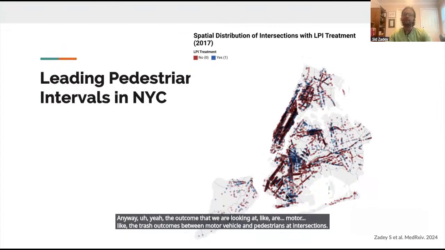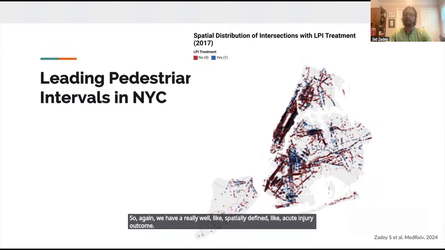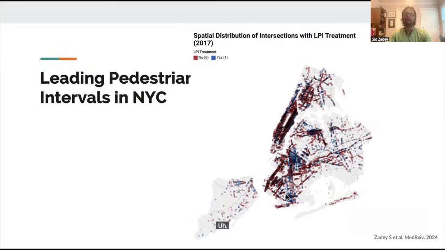So again, we have a really well spatially defined acute injury outcome that we know where and when it happened.